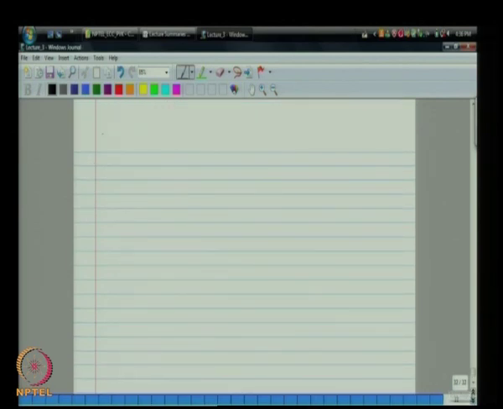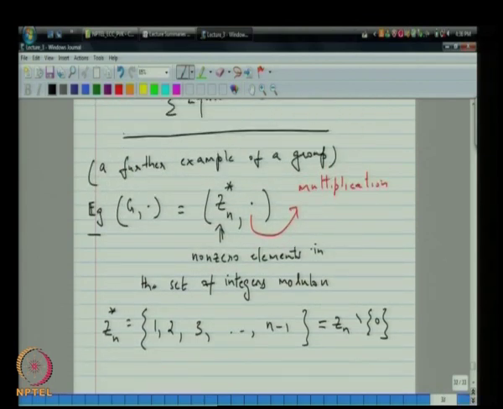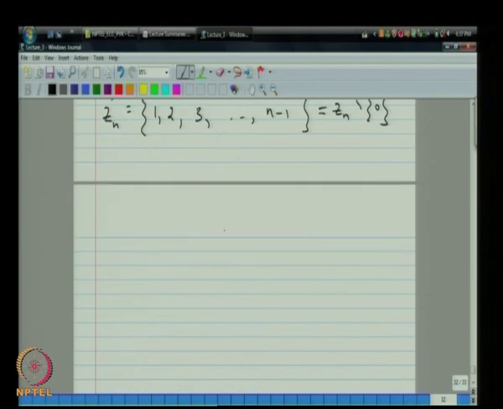Of course, one question is, well, what is n? So, n is an integer. We will look at an example within an example. Let us say we look at the case when n is equal to 6.